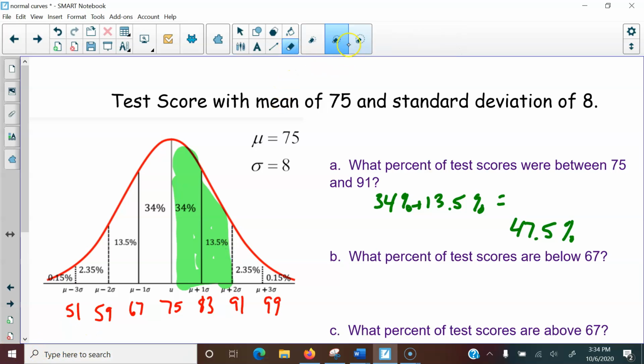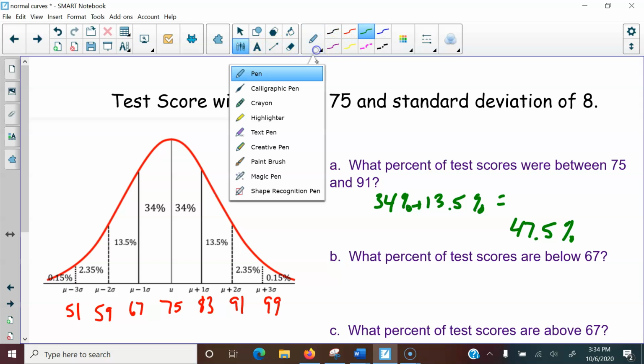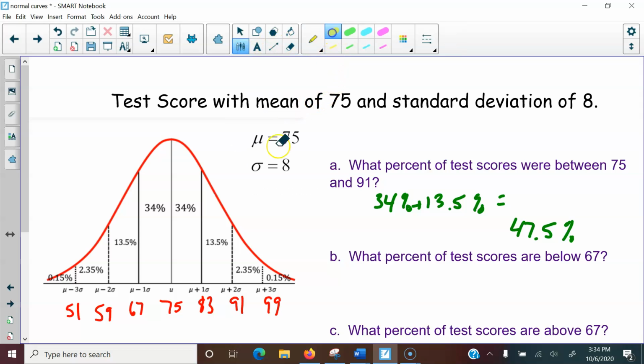All right, next question. What percent of test scores are below 67? In this case, we're looking at the test score of 67 and everything that is below that. So all of this, everything in yellow here. Again, we can find those values by adding together what's in those chunks. The percent between 67 and 59 is 13.5%.